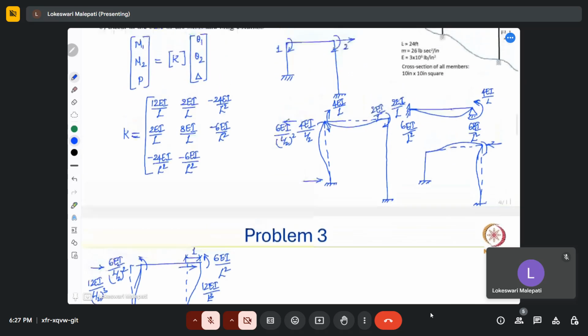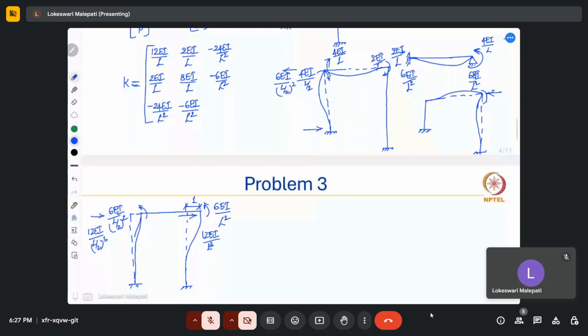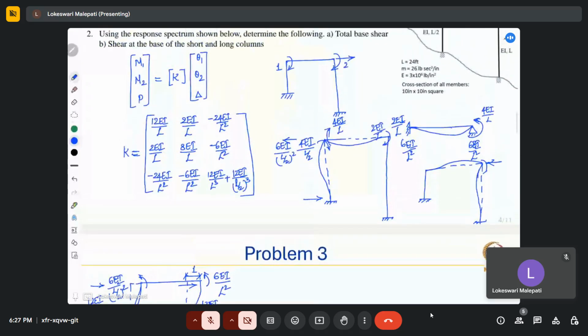So the summation of these two things corresponding to this degree of freedom would be 12 EI by L cube plus 12 EI by (L by 2) the whole cube. So this is the whole stiffness matrix for this frame.